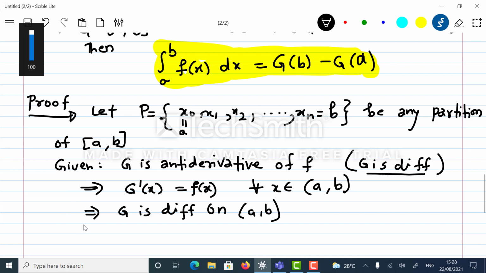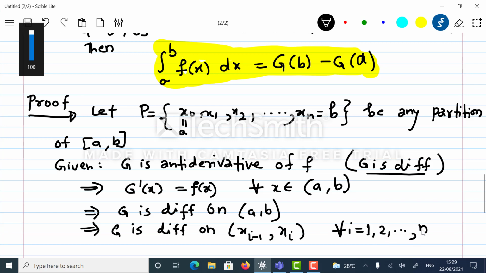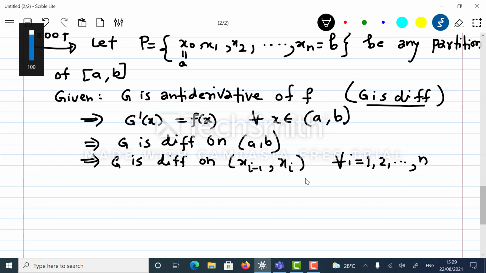So this would imply g is differentiable on the open interval (x_{i-1}, x_i) for all i from 1 up to n. The reason is that (x_{i-1}, x_i) is a subset of the open interval (a, b). Okay, so g is differentiable.